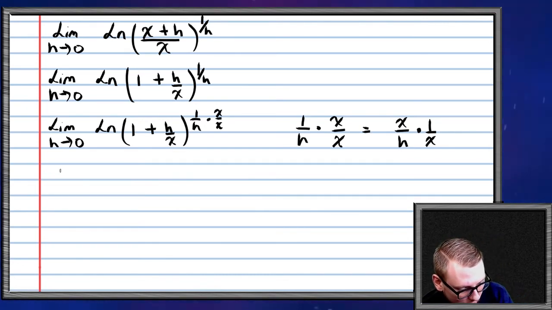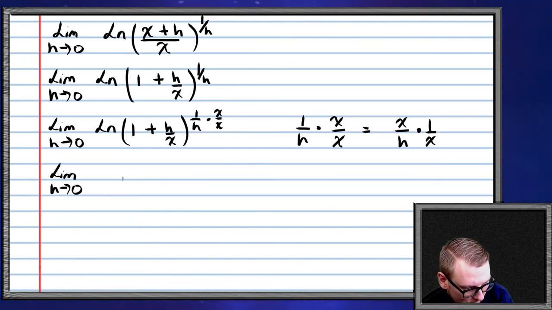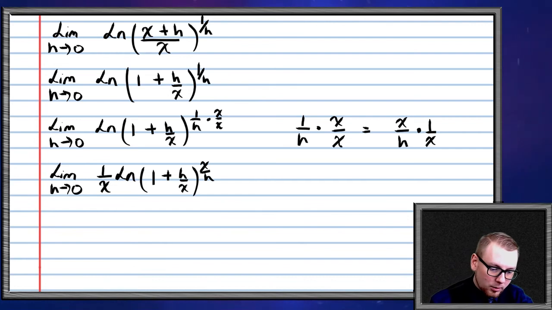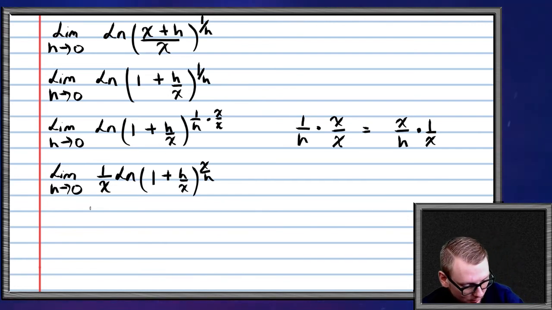So this will change into the limit as h approaches 0 of 1 over x times the natural log of (1 plus h over x) to the power of x over h. Now, we'll take this 1 over x out, and then we'll bring the limit inside these parentheses.